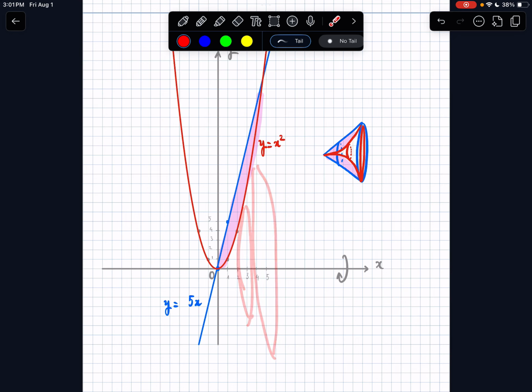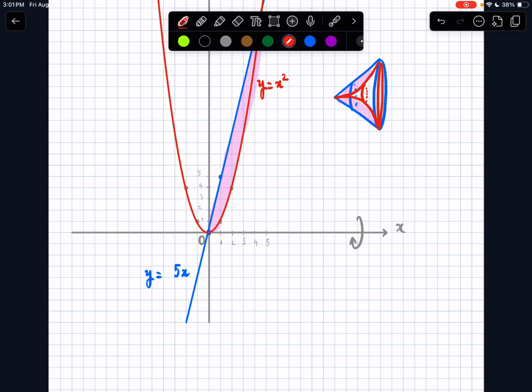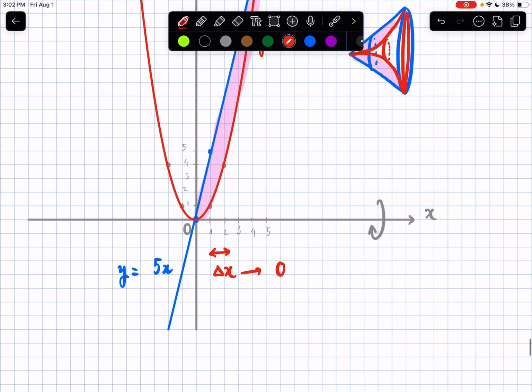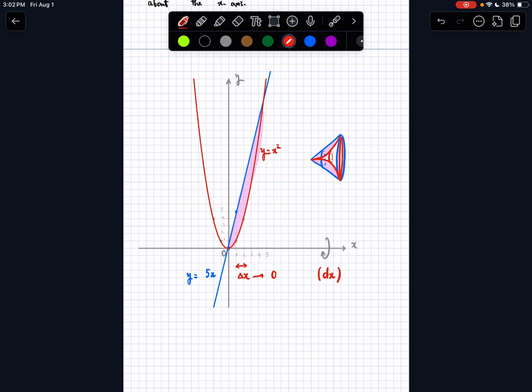Okay, in this case, we can do the washer method. So we slice it perpendicular to the axis of revolution, perpendicular to the x-axis. This gives us a partition of this axis, so delta x tends to 0. This will be the interval in terms of dx. In terms of x, we need to find this intersection point.